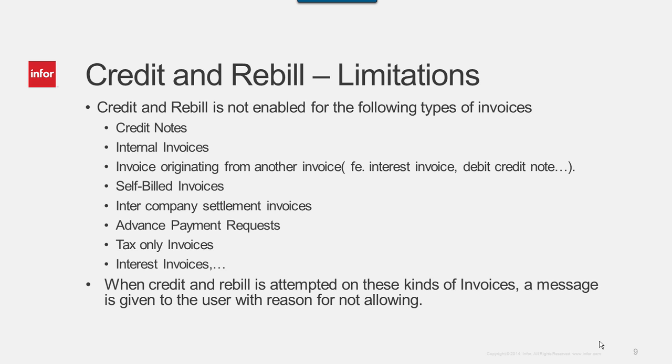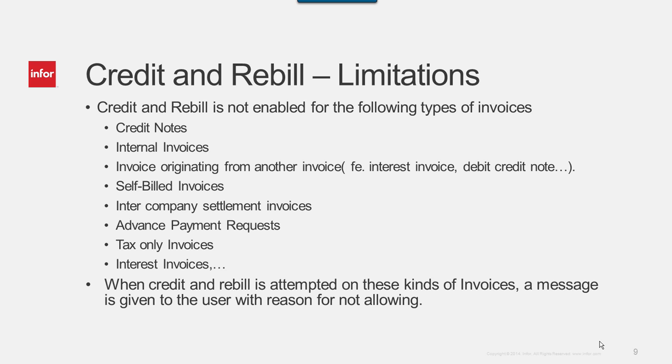Let's look at some limitations of this credit and rebate process. Credit and rebate is not enabled for the following types of invoices: credit notes, internal invoices, invoices originating based on another invoice, for example, an interest invoice or a debit credit note, self-bill invoices, intercompany settlement invoices, advance payment requests, and tax only invoices.